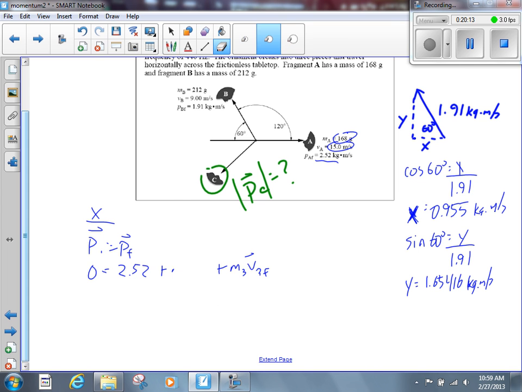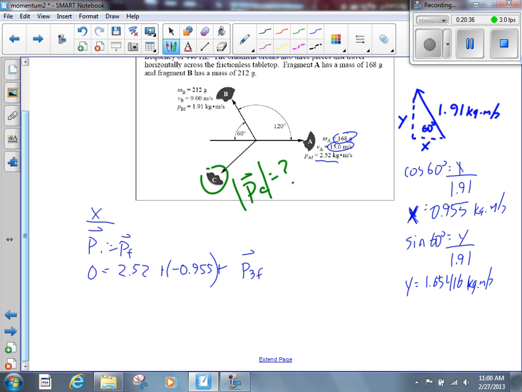It's actually negative because it's to the left. And we can leave in m3, v3f if we want, but since we're looking for the final momentum, not velocity, we can just do that. Kim, does that make sense? It's a bit of a shortcut. Like I said, it's no better. It's no more correct. It's just a little bit less work.